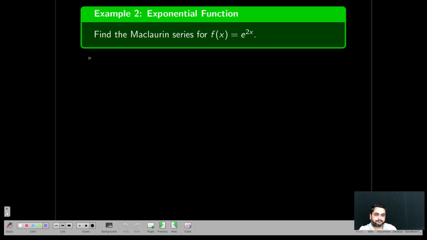Now we'll see again the Maclaurin series for f of x equal to e power 2x. That means my a is again equal to 0.